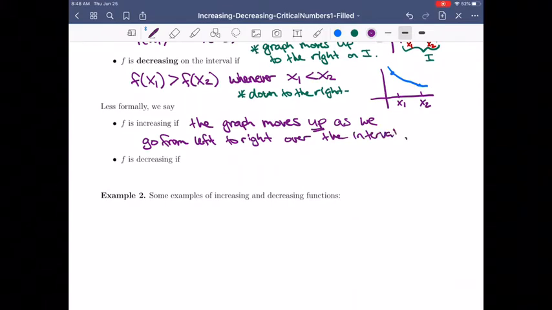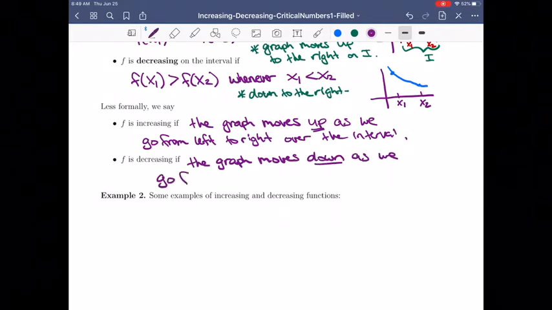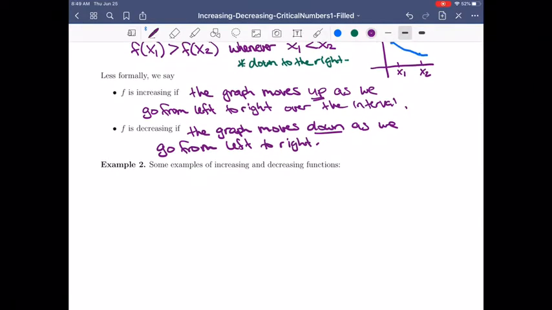It's going to be decreasing if the graph moves down as we go the same way. So we're always moving left to right. We have increasing if you're going up, and decreasing if you're going down as you go to the right.